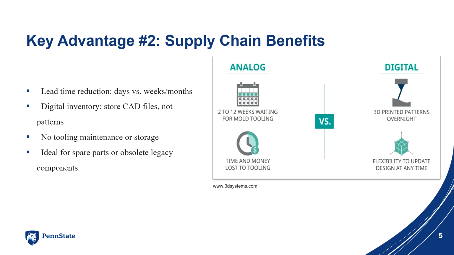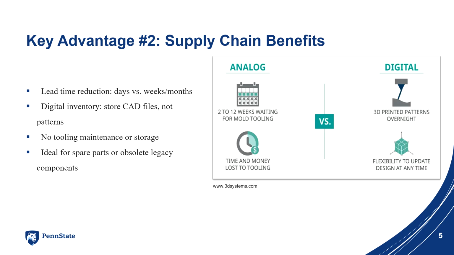The second major advantage is the impact on our supply chain. Currently, the lead time for a new casting is measured in weeks or months because we have to wait for the tooling shop to machine the pattern. With the printer, we can go from a CAD file to a poured casting in just 2 to 3 days.